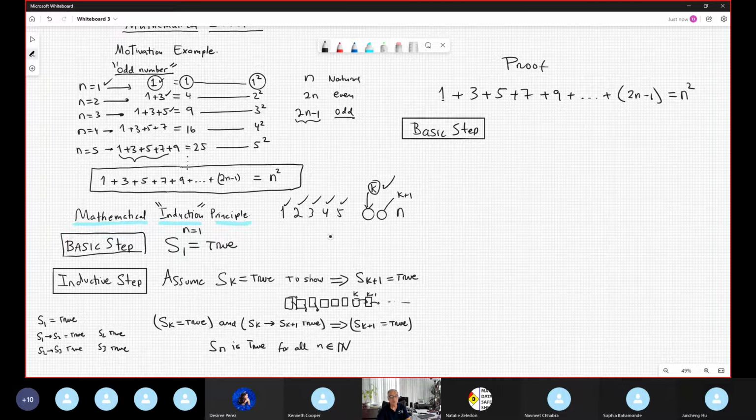Let me try to prove that S1 is true or not. How do you prove this? Well, the first one is S1. I'm plugging in here. So 1 is equal, and on the right hand side, you put 1 squared. It's obviously true because 1 is equal to 1. Boom. Now, you assume the inductive step.